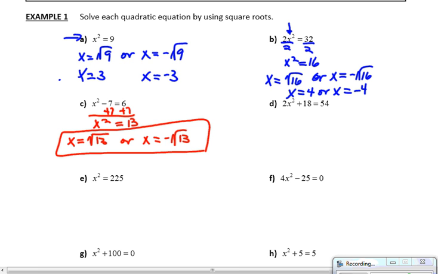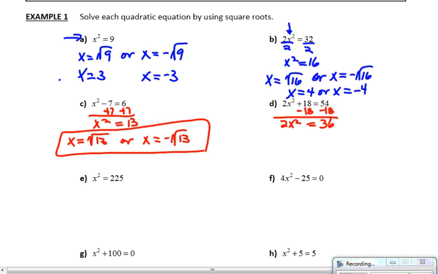D, a few more steps, so I need to undo step by step. Remember, the order is important. Reverse PEMDAS. So I'm going to subtract the 18 from both sides first. That'll give me 2x squared is equal to 36.